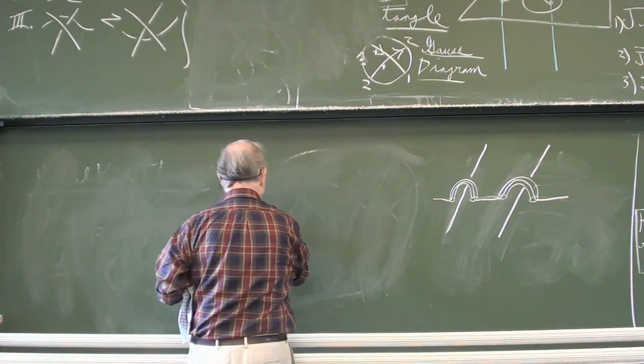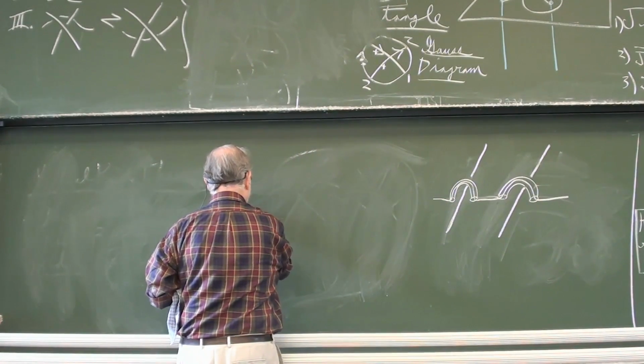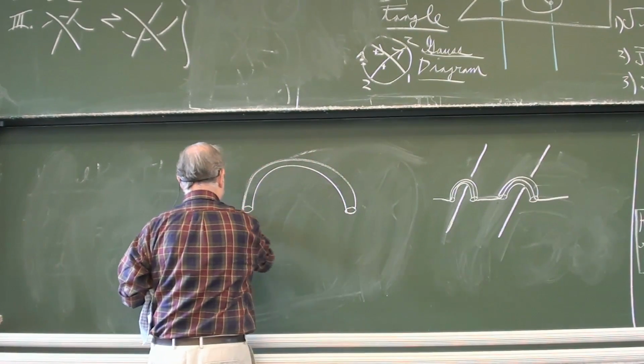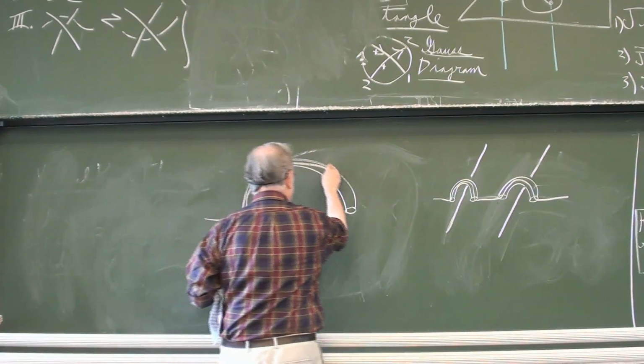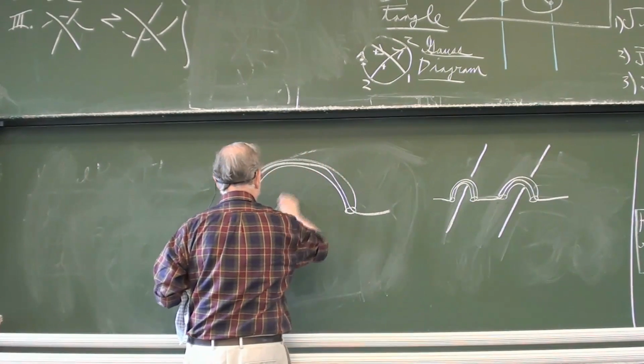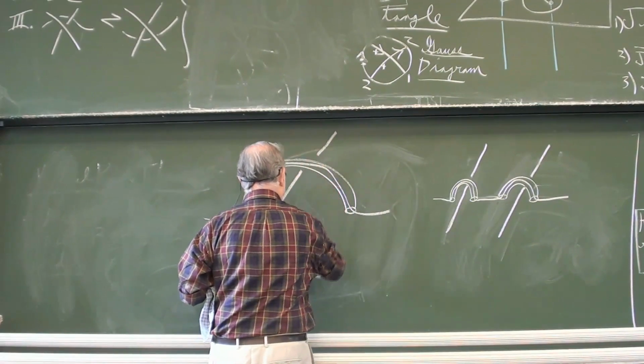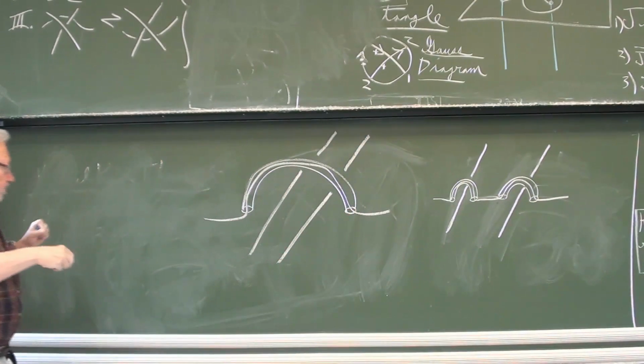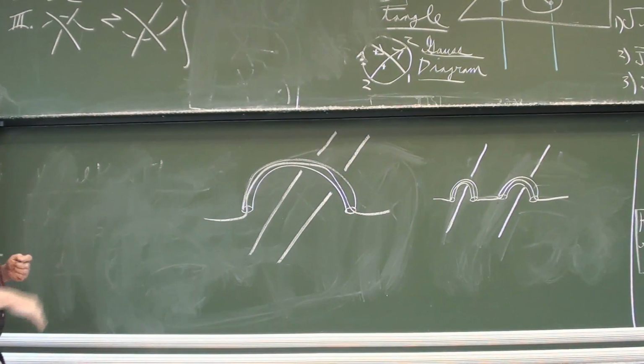But what I was saying really is that I wish it were like this. Because if it were like this, then I could start sliding the handle around on the surface and it would project down perhaps to some other part of the diagram. So that begins to look like my detour move, right?